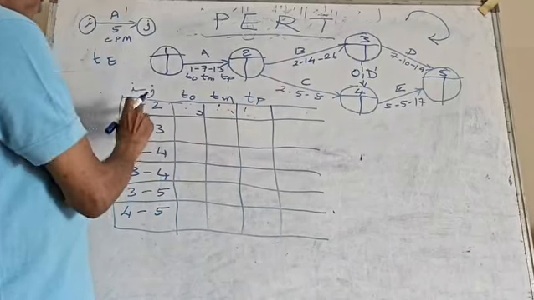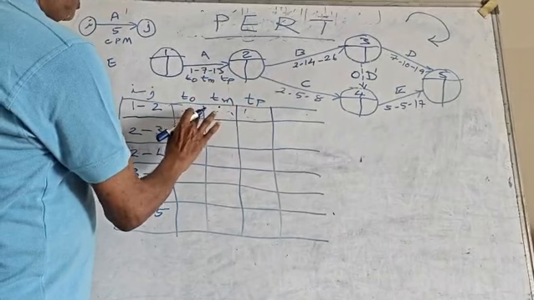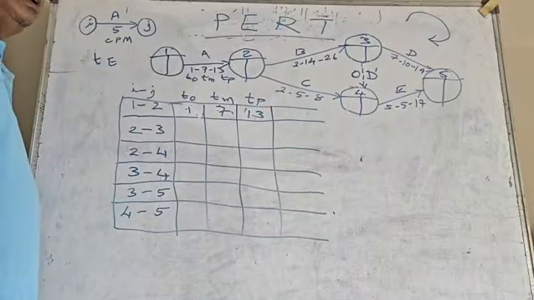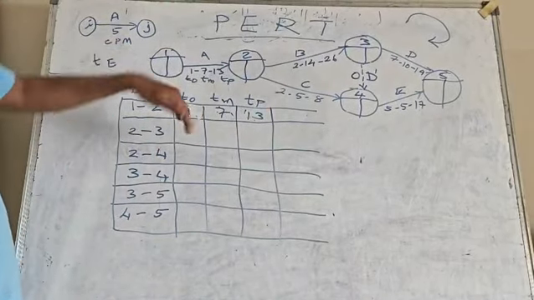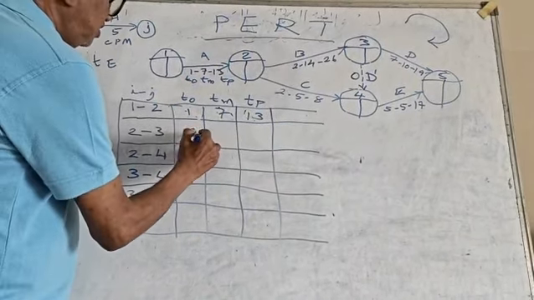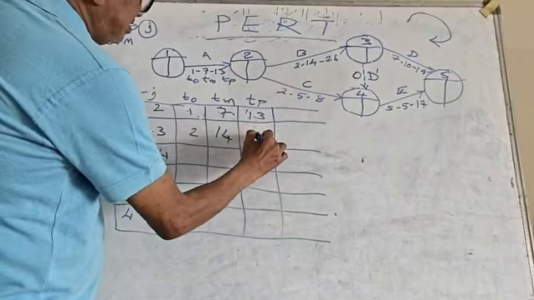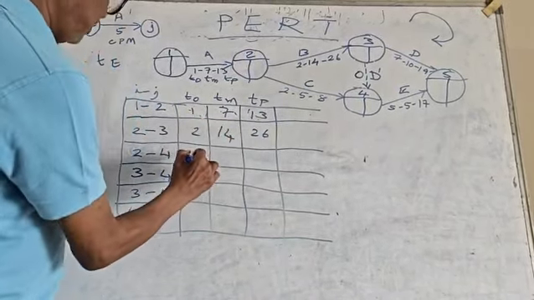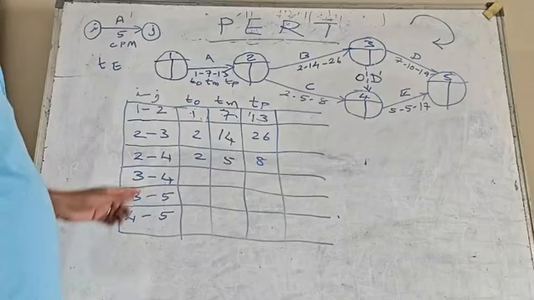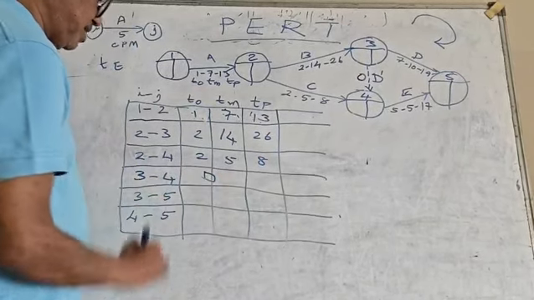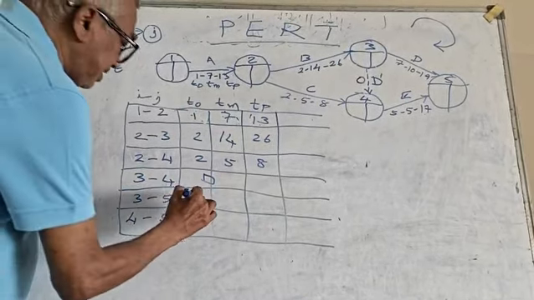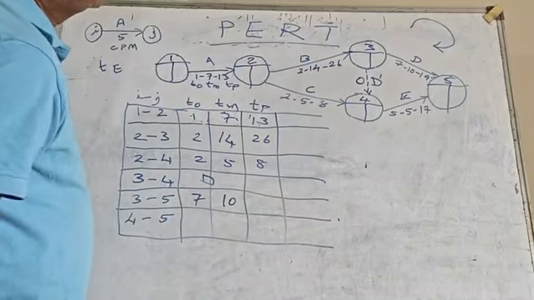Now coming to 1, 2, it is written as 1, 7, 13. I am just transferring the information from the network to the table, or table to the network. 2, 3 is 2, 14, 26. 2, 4 is 2, 5, 8. 3, 4 is taken as a dummy, so we write D. Then 3, 5 is 7, 10, 19.